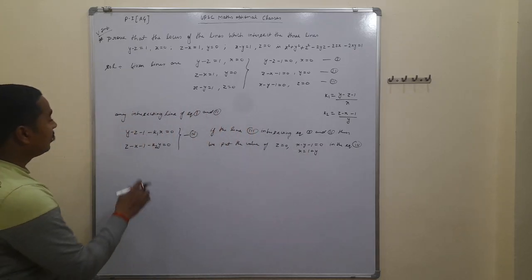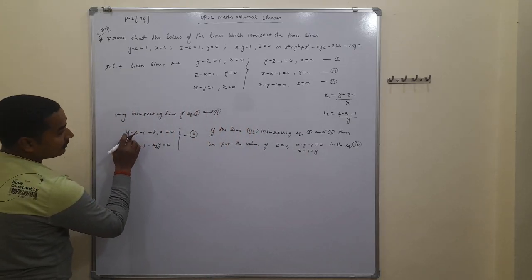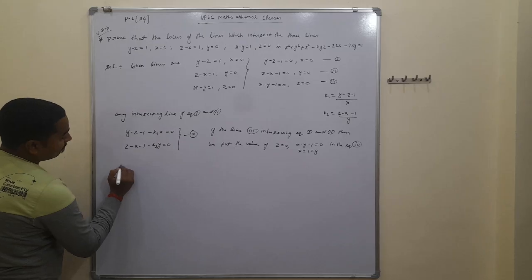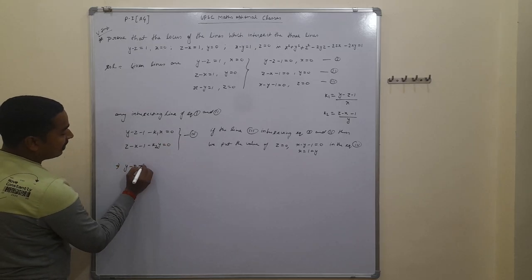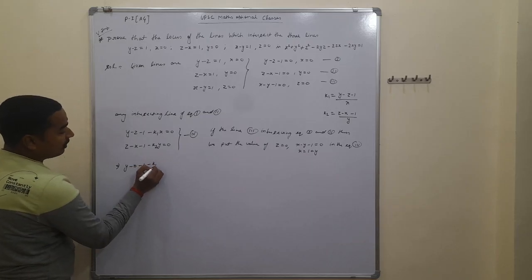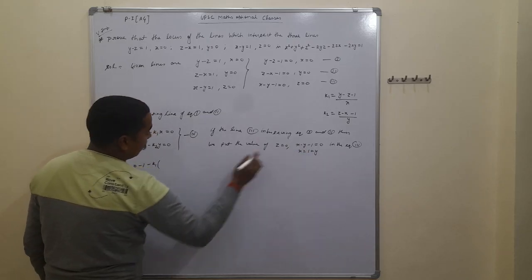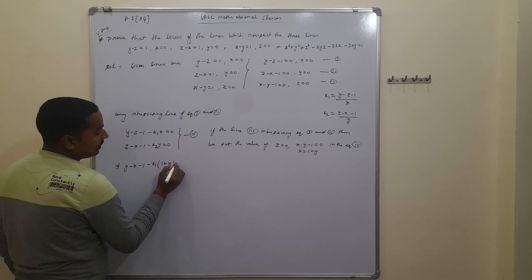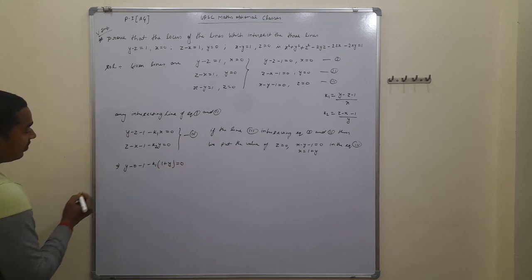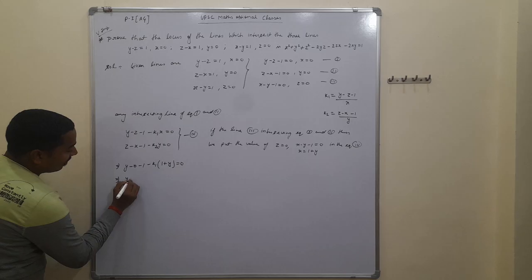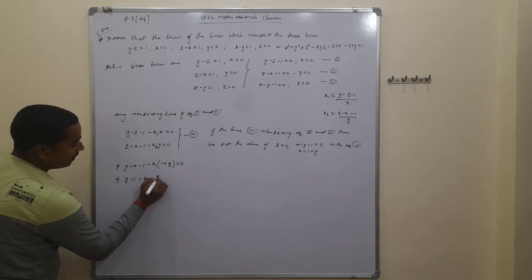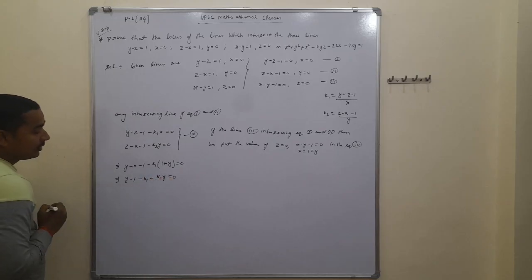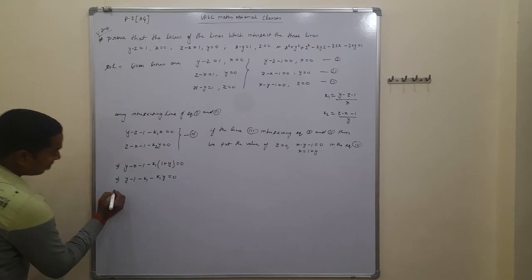first we have to put the above intersecting equation, that is in place of z we have to put 0, that is y minus 0 and minus 1 and minus k1, and in place of x we have to put 1 plus y, that is 1 plus y is equal to 0, and from here that is y minus 1 and minus k1 and minus k1 y is equal to 0.